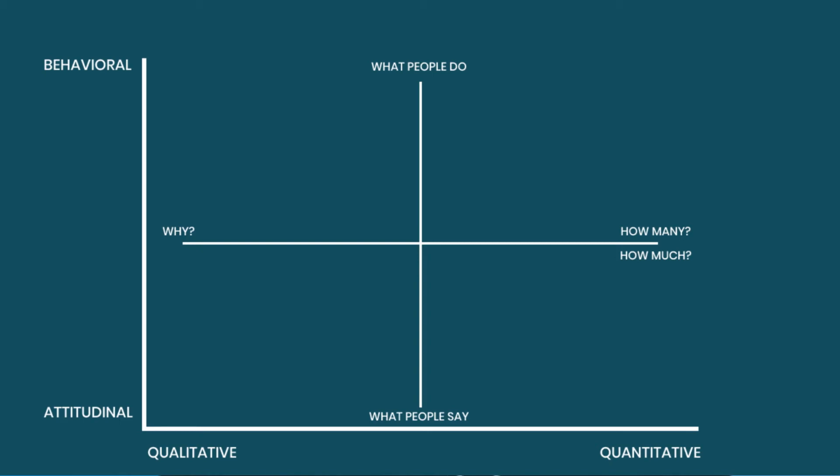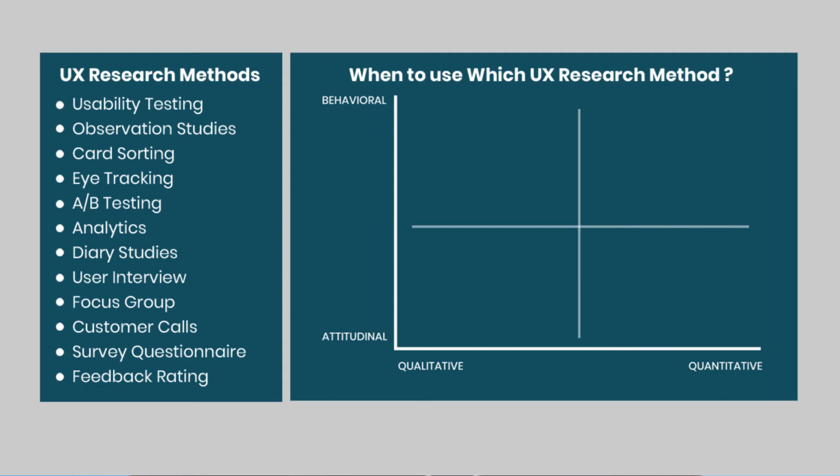And in another scenario where you are conducting an observational study, a behavioral type research, with the users while they are performing certain tasks, you can also follow it up by asking questions to learn about the whys, which would be an attitudinal research type.